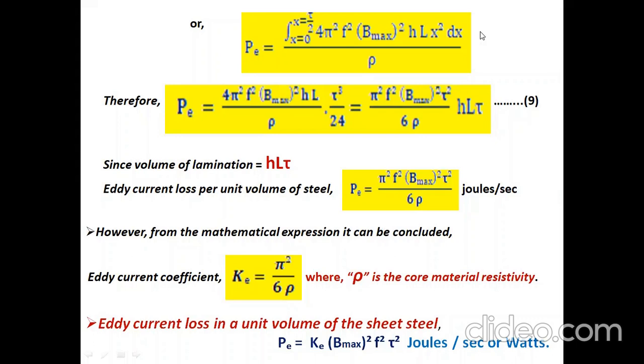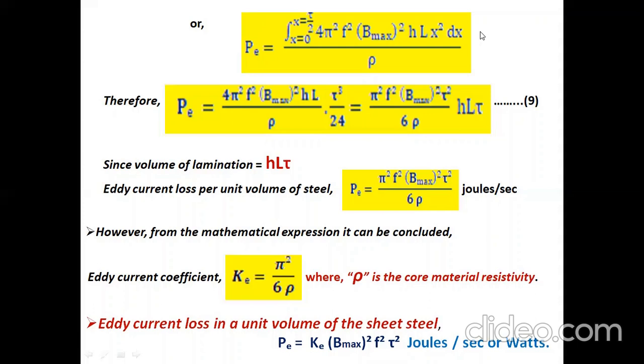Since the volume of the lamination is H L tau, the eddy current loss per unit volume of steel P equals pi square F square B max square tau square divided by 6 rho joules per second.